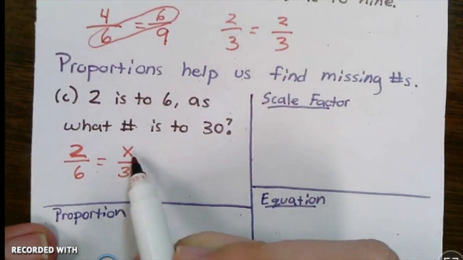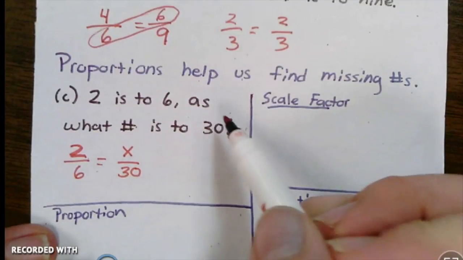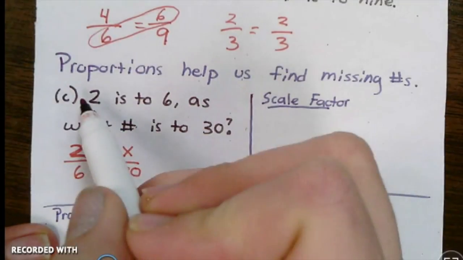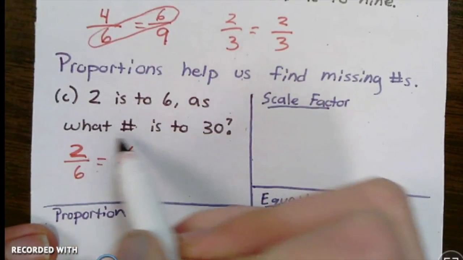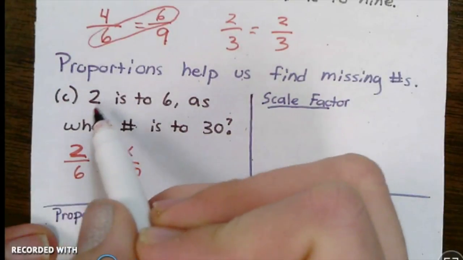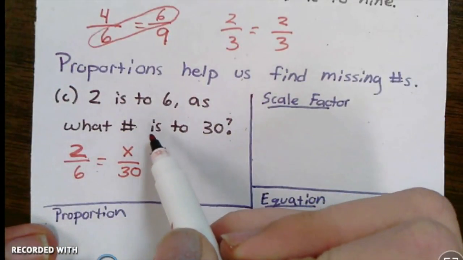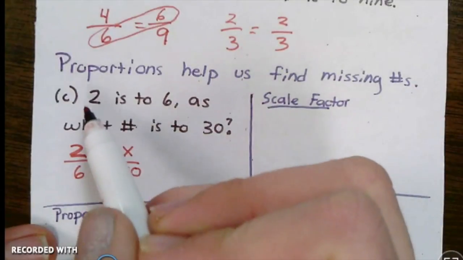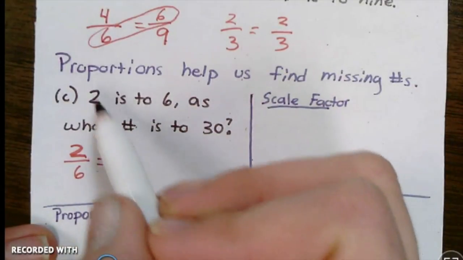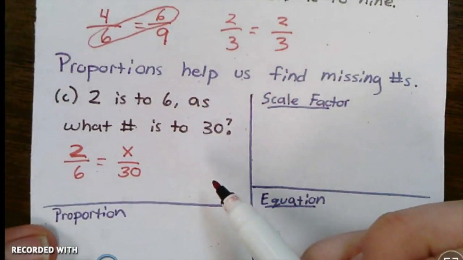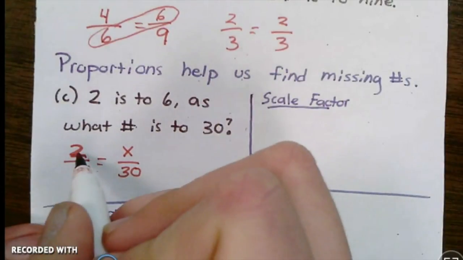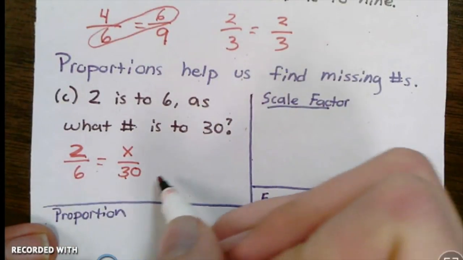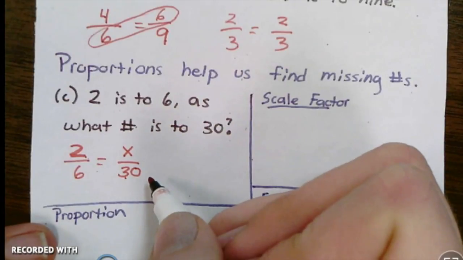Now it's important that I put the x on the top because we follow them in the same order. 2 is, what number is? That means that both of those need to go on the top because they came before the is. It's actually saying that those numbers are related to each other.